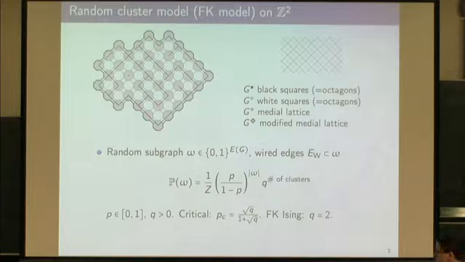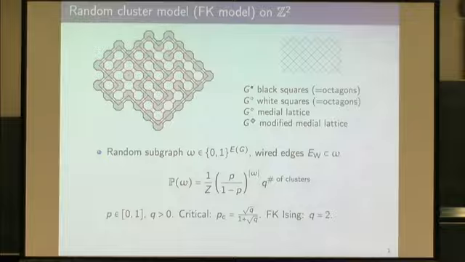Q you should think of as a fixed parameter, and p you can vary, but we will select it to be the critical value, which was also mentioned this morning, and we concentrate on the case Q equals 2.